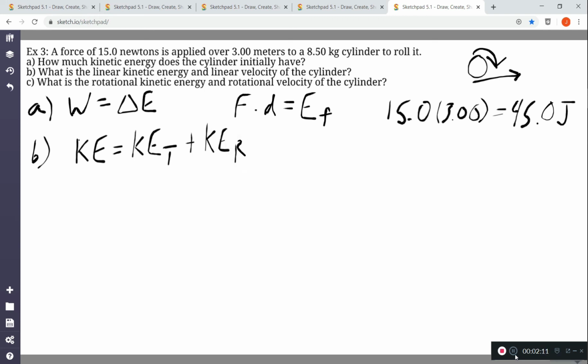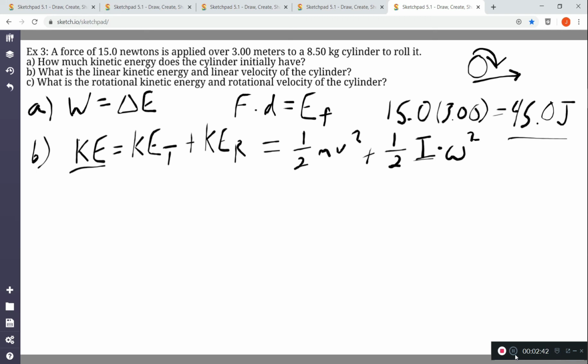Now we're going to work out some formulas for this. We know that our kinetic energy is already 45.0. So let's break out the formulas. Kinetic energy translational is 1/2 mv squared, plus, if we remember, kinetic energy rotational is 1/2 I, for the moment of inertia, times omega, which is the angular velocity, squared.